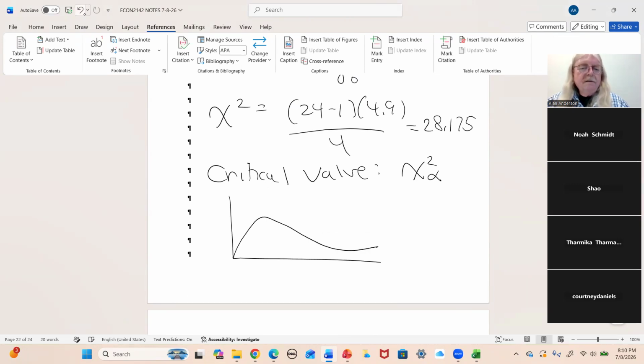Oh, that looks helpful. So keep in mind, here we have 23 degrees of freedom. And the tail area is meant to be 0.05.